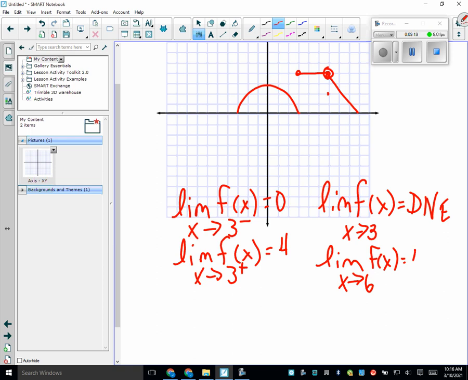It's going to be 4. Is there supposed to be a dot? Yes. Because my next question is, what is f of 6? 2. The value and the limit do not have to be the same. Do you agree?